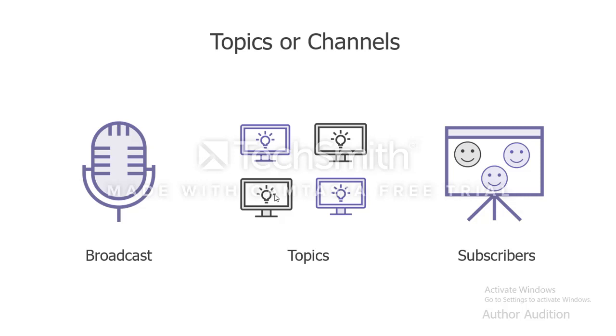There is one broadcast which is happening. If we talk about TV channels, there is a single broadcast, but the broadcasters may be broadcasting to different topics, and there are many people watching different kinds of channels. So in that case, there can be multiple topics, multiple subscribers, and even multiple broadcasts.